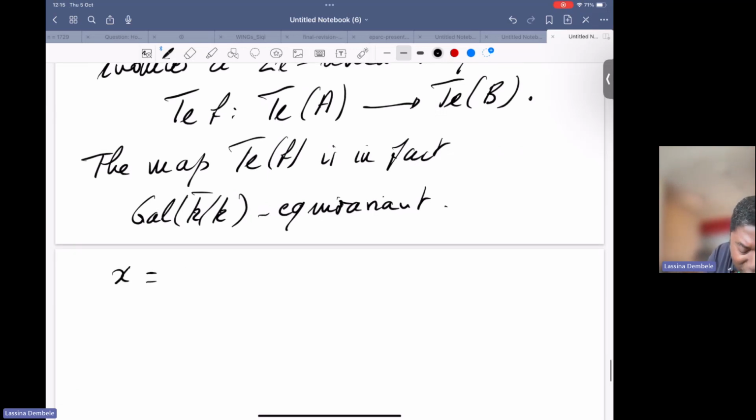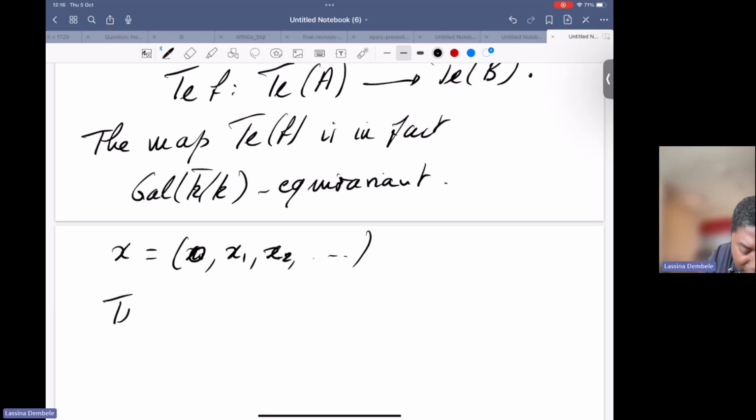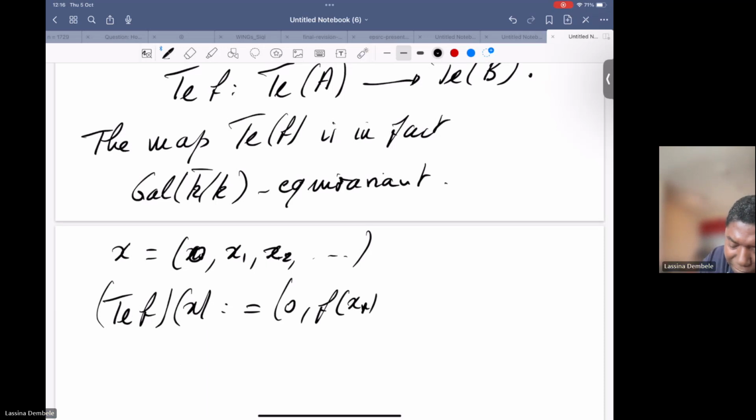So if you have X as X0, X1, X2, and so on, TL of F applied to X would simply be applying F component-wise to this sequence, and you'd get a sequence which is compatible with taking the inverse limit, and that's how you get this map. Okay.